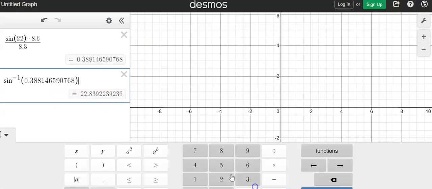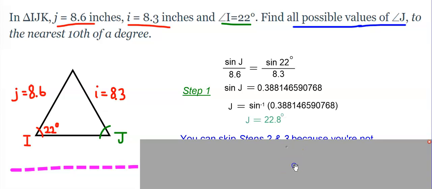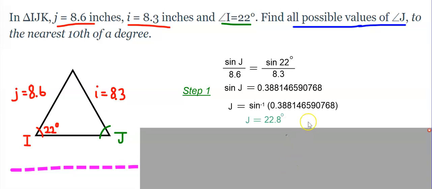All that means is you put the entire decimal number inside the inverse sine, and you finally get 22.839, and the directions tell us to round to the nearest tenth of a degree. So we're going to get 22.8.